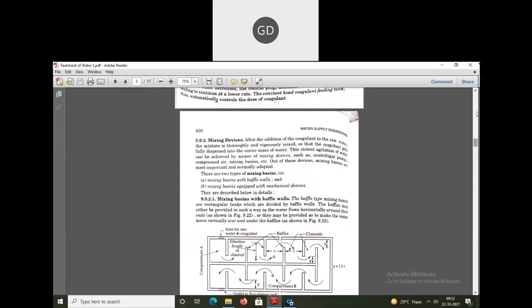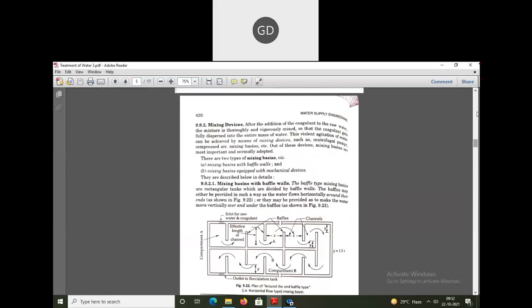Then in the mixing basin, as I already told you, after you add the coagulants to the water, the mixture is thoroughly and very vigorously mixed so that it forms a flock.